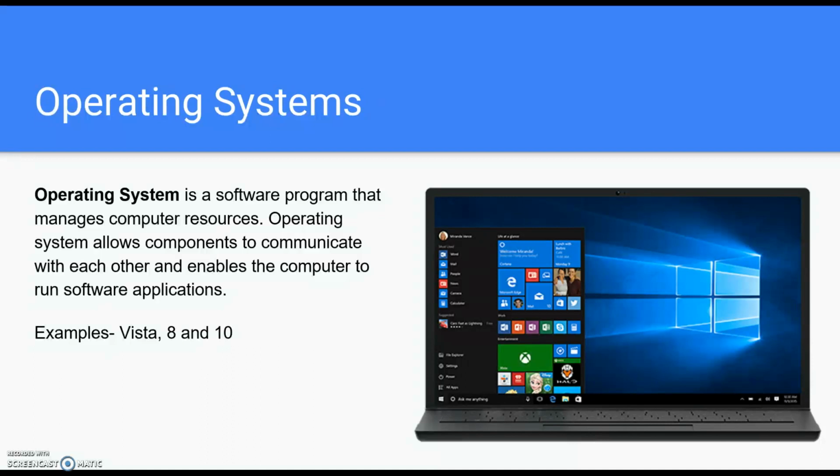But you won't need to know that. They're still examples of Windows. So operating systems can be Windows Vista, Windows 8, Windows 10, Apple iOS, etc.